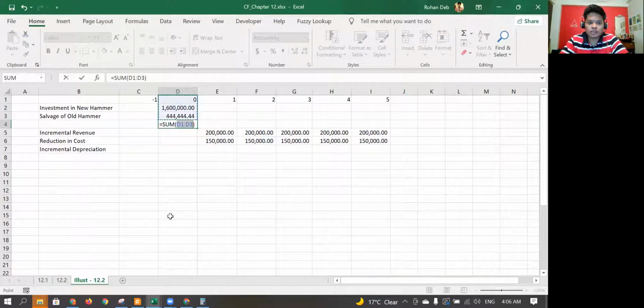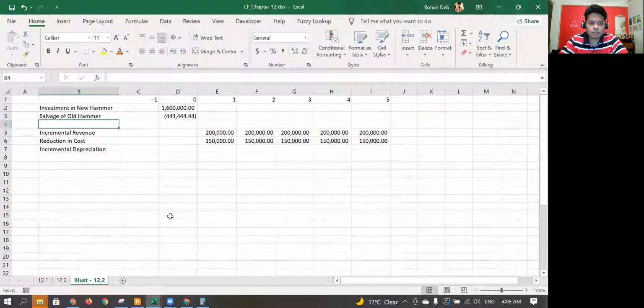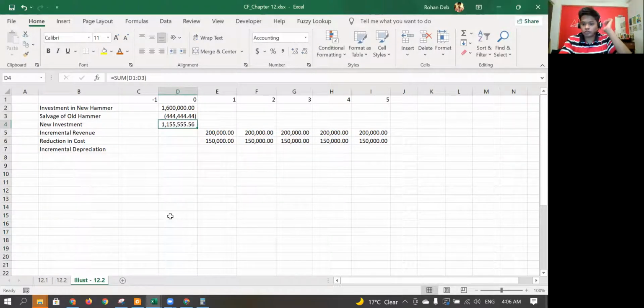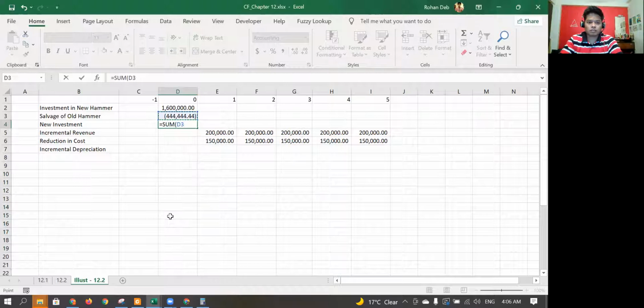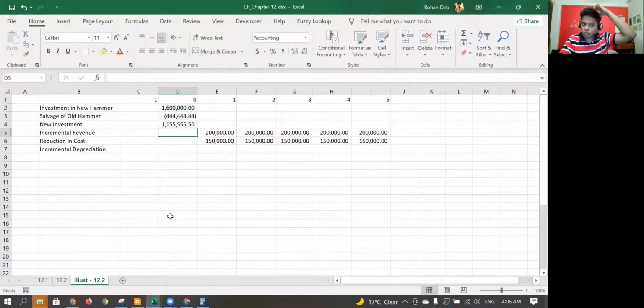So your net investment is 1,115,555.56. Okay, so that is your net investment in the new hammer.